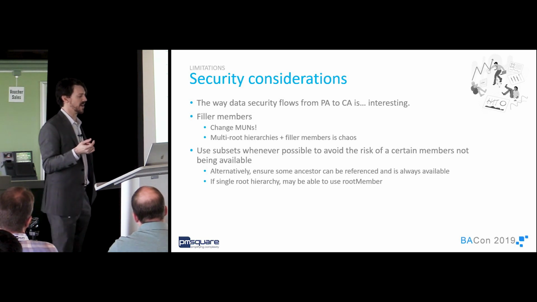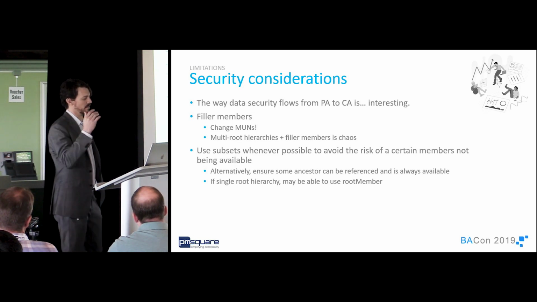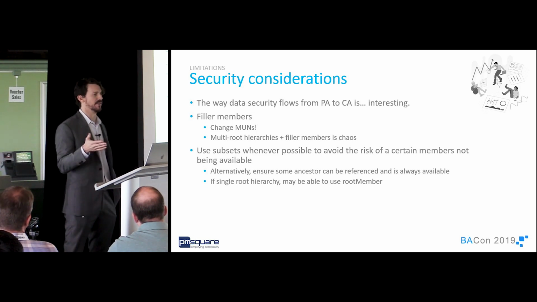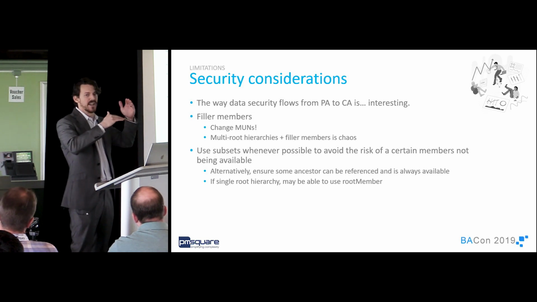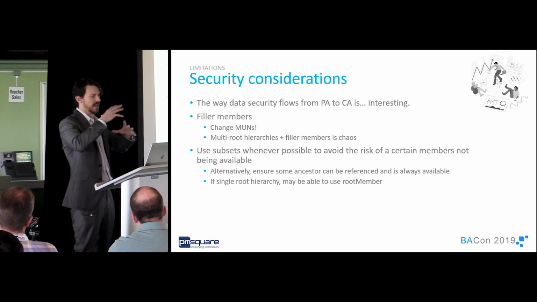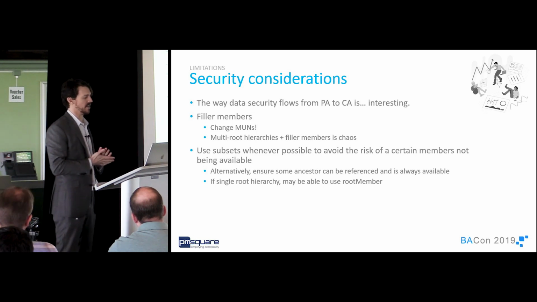The thing that's really frustrating is this actually changes the underlying member unique names for members that might exist underneath it. If you have a combination of multi-root hierarchies and filler members, Cognos doesn't really differentiate between the filler members that it's creating for one root versus the other. And so it all just rolls up into this amorphous mess that's pretty difficult to navigate.